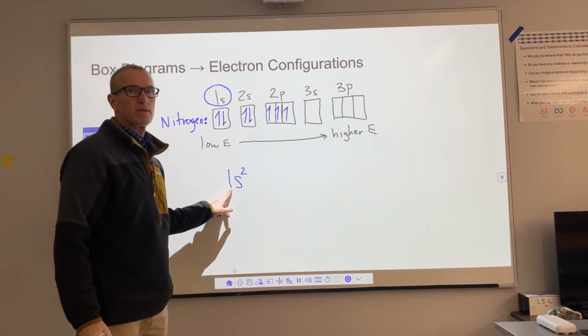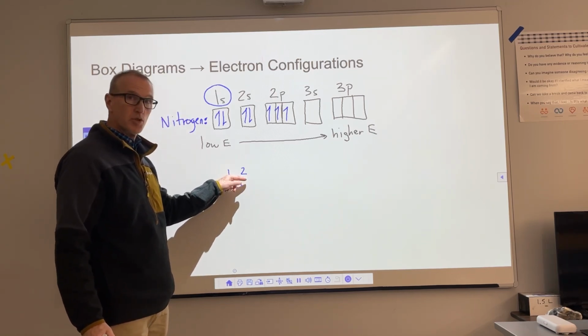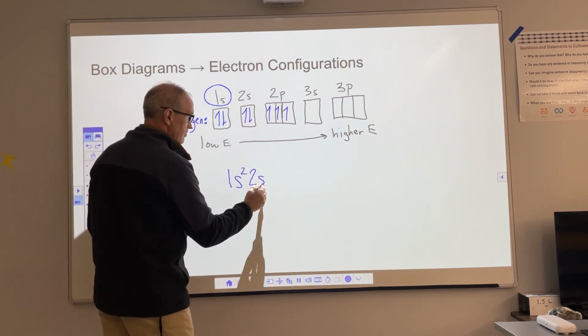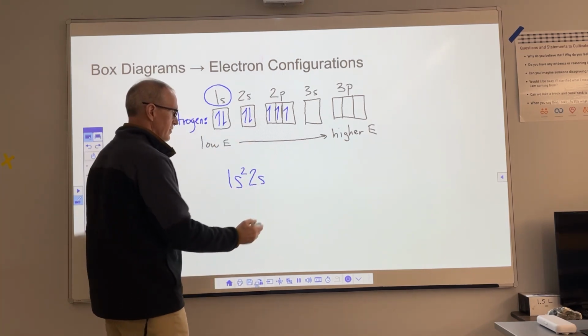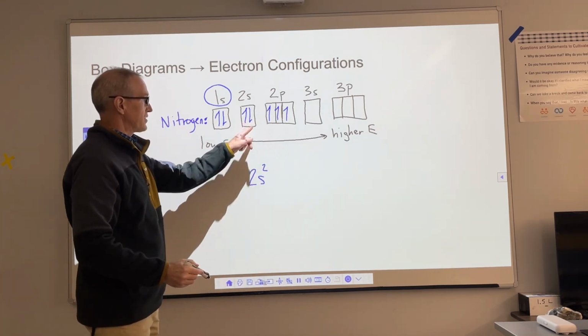So the first main energy level, s sublevel, has 2 electrons. Notice that the 2 is a superscript up above.